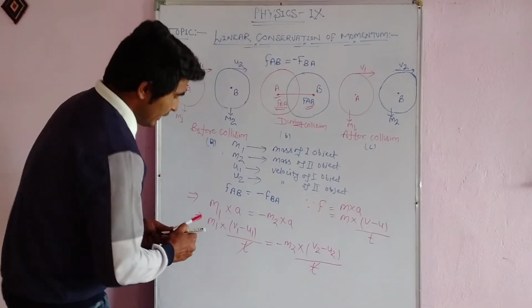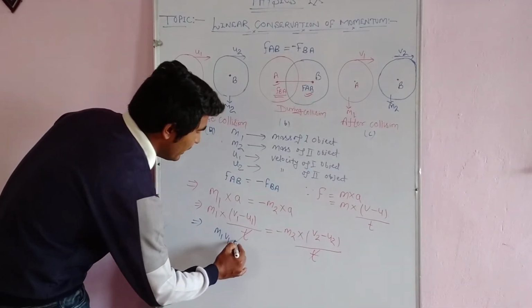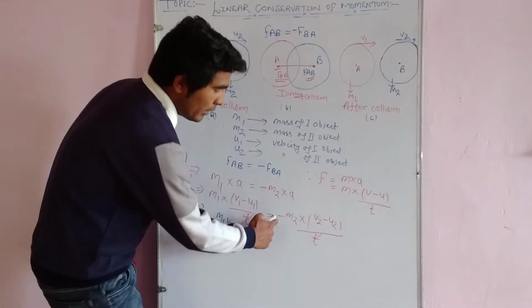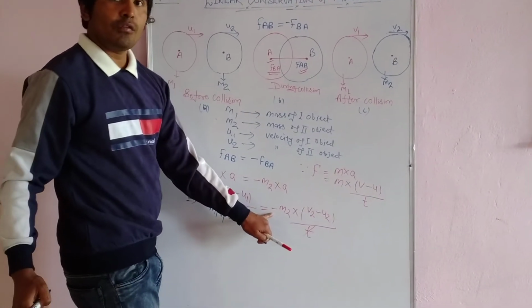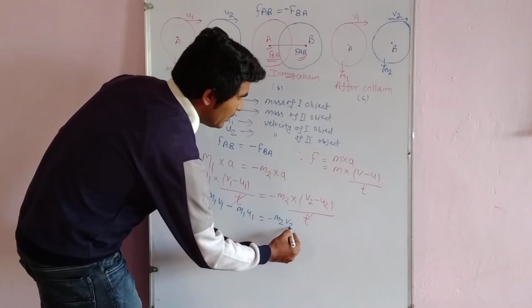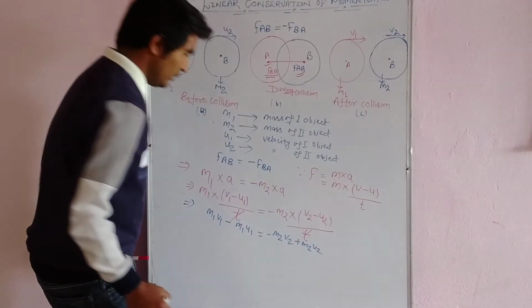Now we will multiply. We have m1 v1 minus m1 u1 is equal to minus m2 v2 plus m2 u2.